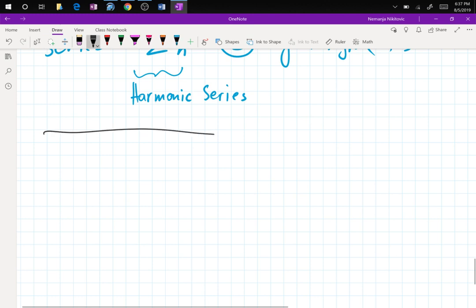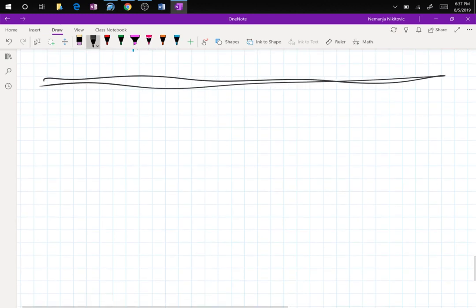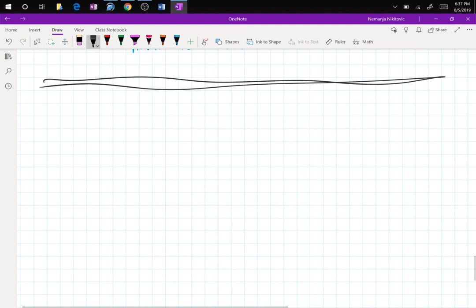Another example of the integral test. What is happening with the summation of 1 over n squared from 1 to infinity? Well, we do the same thing.